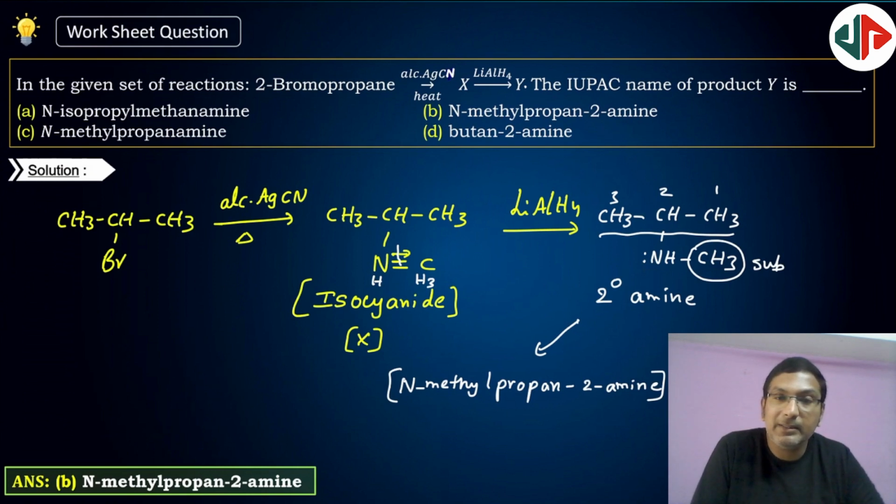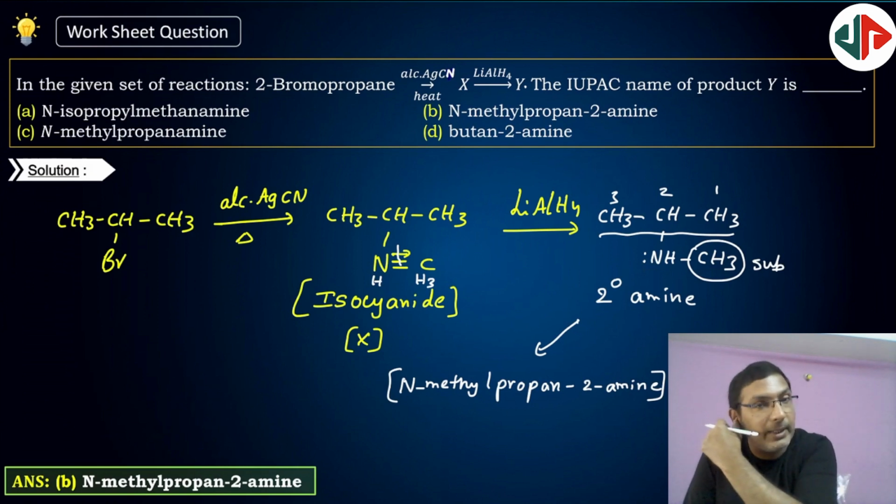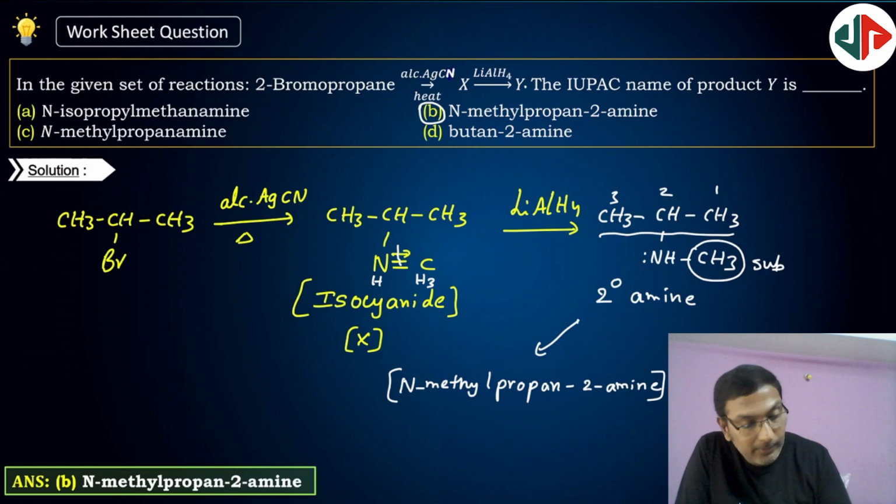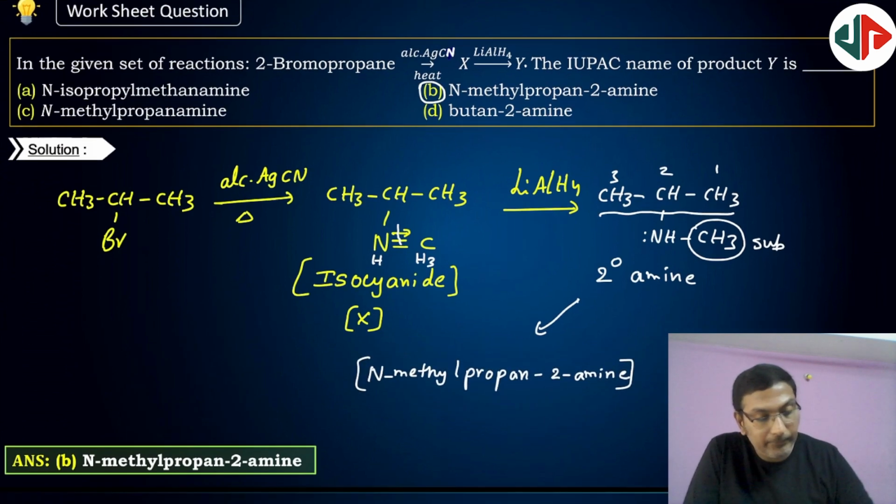Due to the presence of methyl on nitrogen, it becomes N-methyl propane 2-amine. That is the IUPAC name. Therefore option B. So very important. Next.